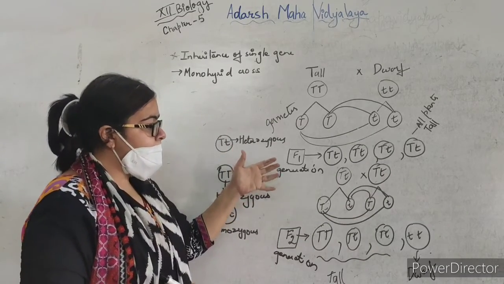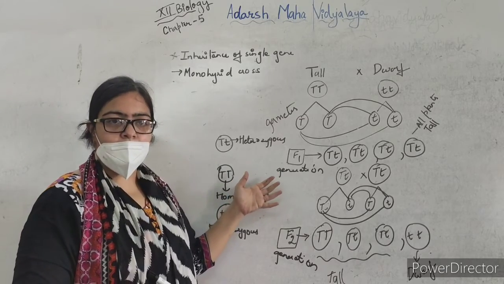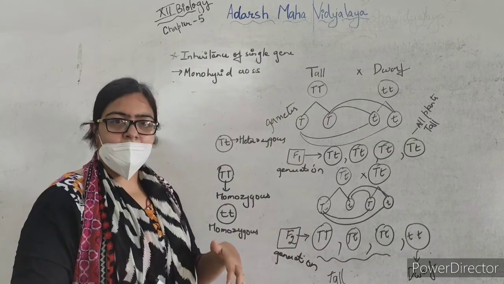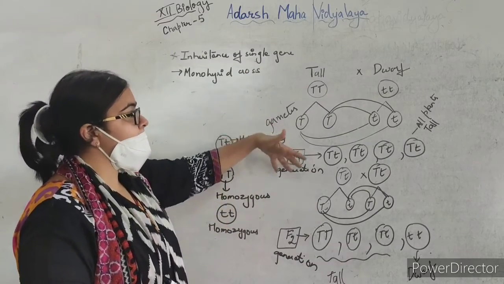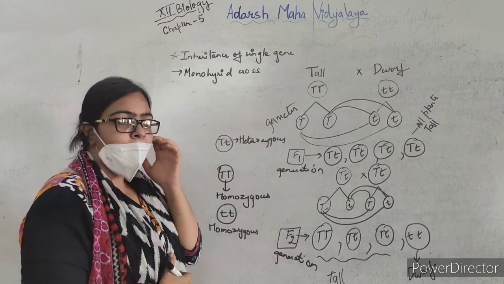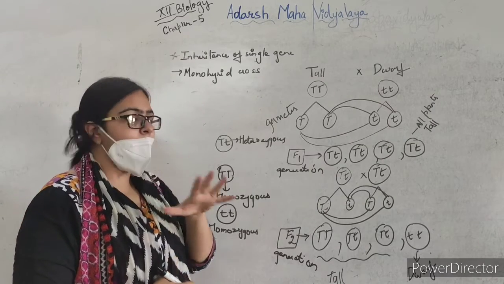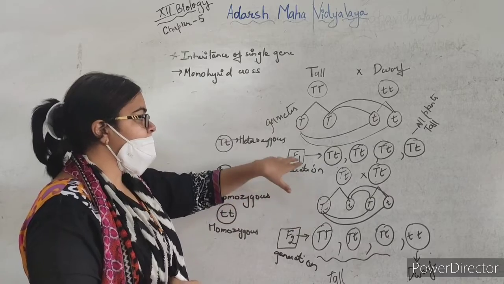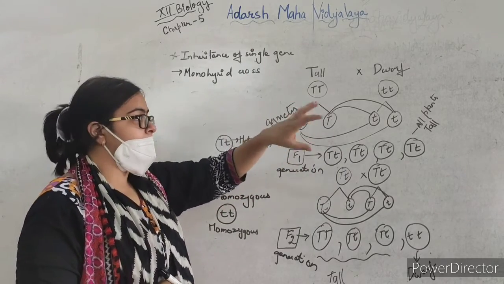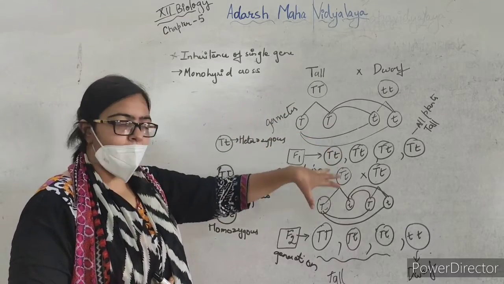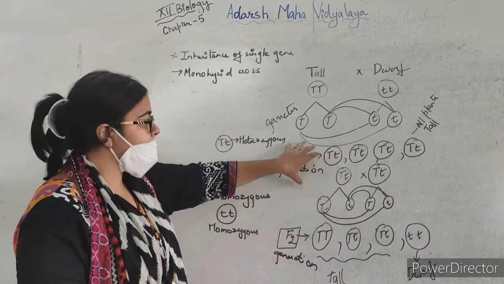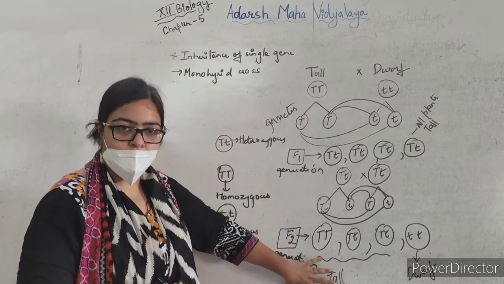Now when Mendel did this monohybrid cross, he saw that with every trait he tried, that is, we studied various characters like stem height, pod color, pod shape, he was every time able to obtain this result: in the F1 generation all plants were tall, all plants had a particular character, and in the second generation the character which was missing in the F1 generation came in the F2 generation.